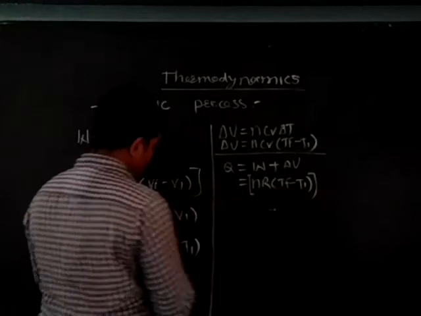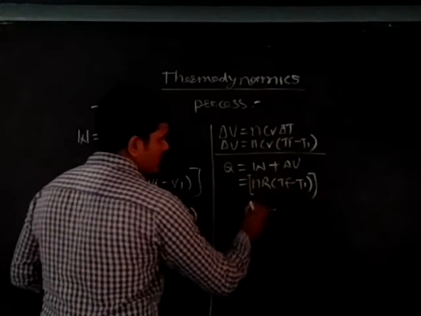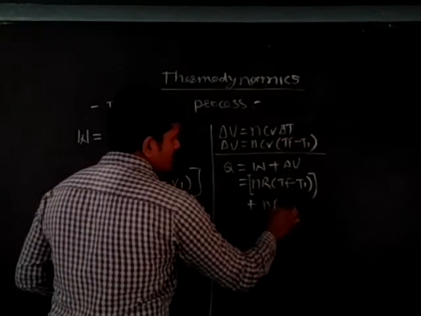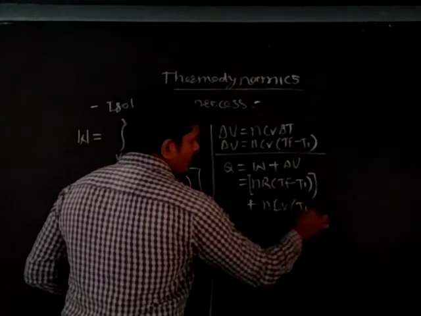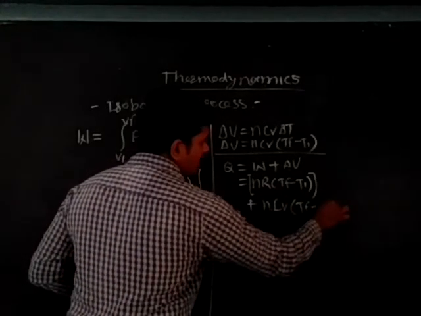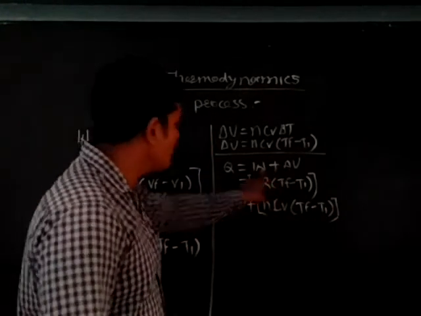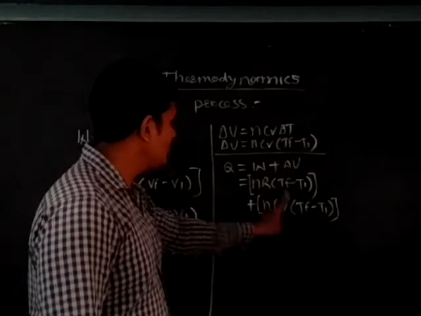So this is the value of W, plus this value of delta U, n Cv (Tf minus Ti). So this is the value we have put for W and delta U.